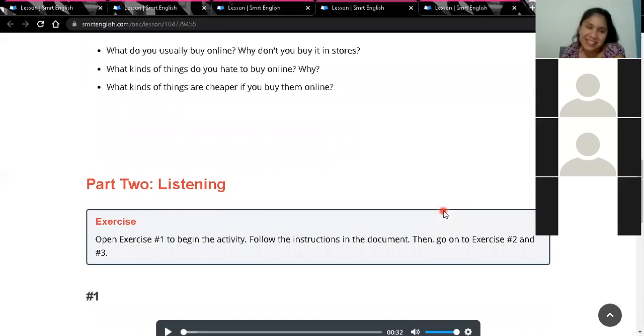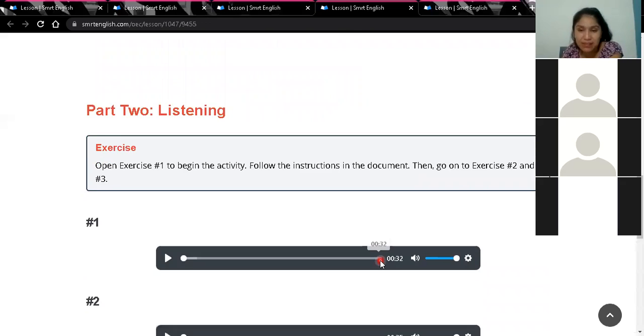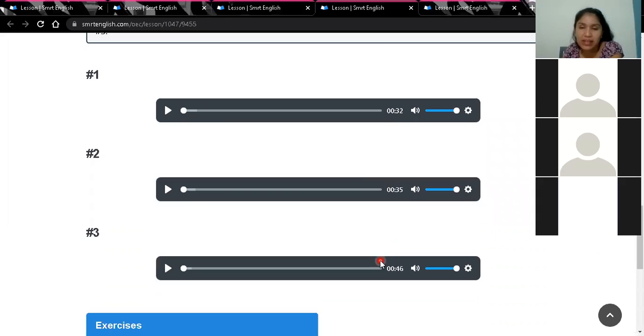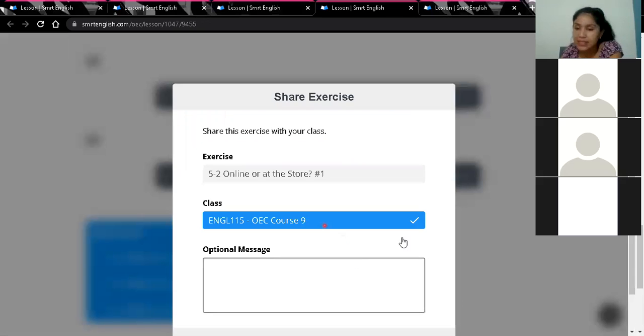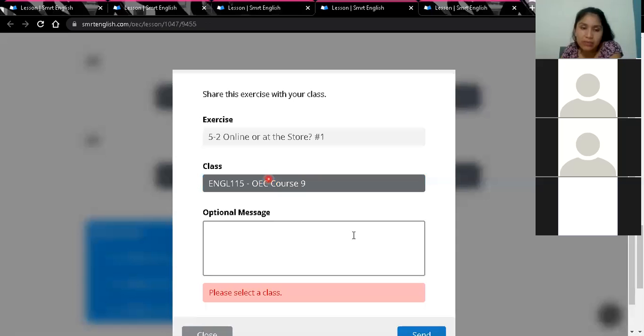Okay, let's continue with the class because the boys, I think that they're kind of bored. Okay, it says listening. Open the exercise 1 to begin the activity and follow the instructions in the document. Then go on to the exercise 2 and 3. Let me share with you the exercises first so we can start. The first one is already shared.